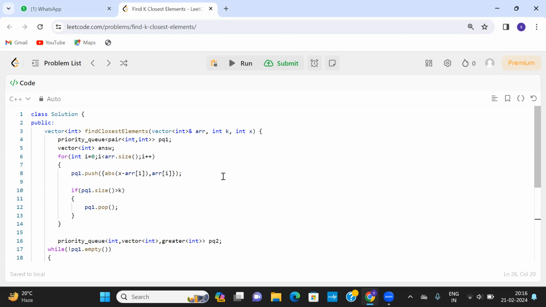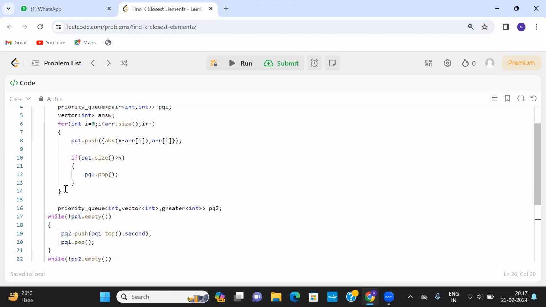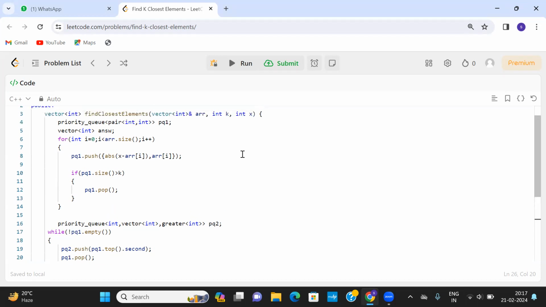If we are putting elements in pairs, then according to the first element in the pair, our elements will be ordered in the max heap, with the maximum element always maintained at the top. This is the condition: if pq1.size is greater than k, it means we have more than k elements in our priority queue, so we pop the topmost element. I hope the condition is very clear.